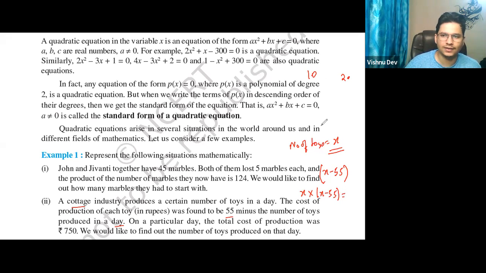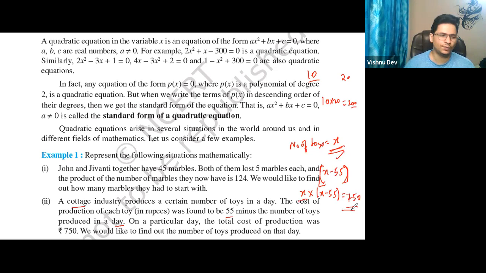Okay, I just said कि X is number of toys and the cost of one toy is X minus 55, है ना? So as I said, अगर 10 rupees का एक chocolate है and if I'm having 20 chocolates, so the total amount of chocolate is what? 10 into 20. 200. Right, exactly. So if number of toys is X and the cost of one toy is X minus 55, the total cost is X into X minus 55 and it is given as 750.